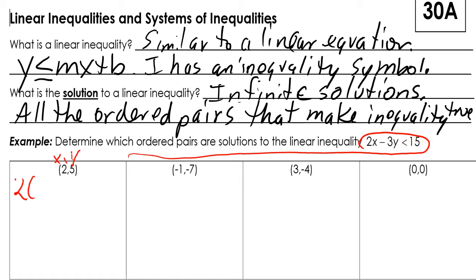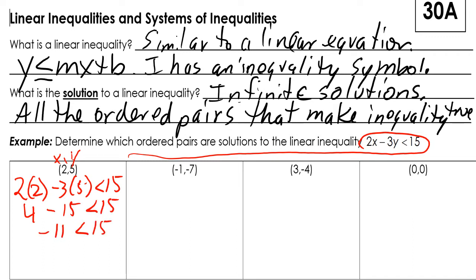So I get 2 times 2 minus 3 times 5 is less than 15. 2 times 2 is 4. 3 times 5 is 15. 4 minus 15 is negative 11. Negative 11 is less than 15. So the answer is yes, and this point is a solution to this linear inequality.